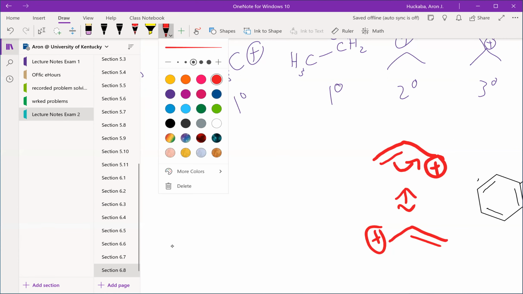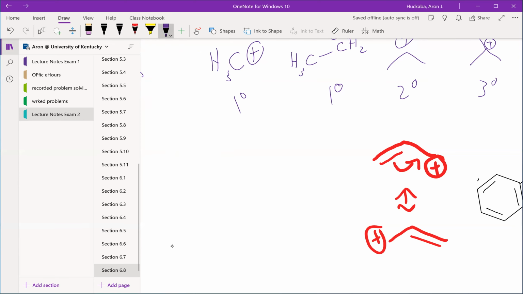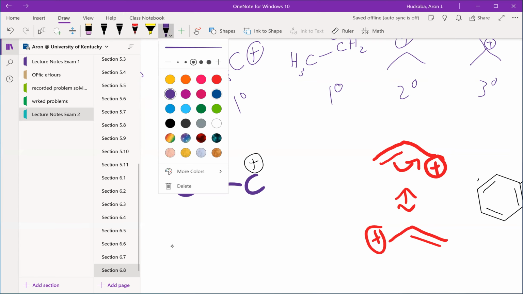let's say you have two carbons here. One has a positive charge. If you remember, that positive charge is sitting in a p orbital.